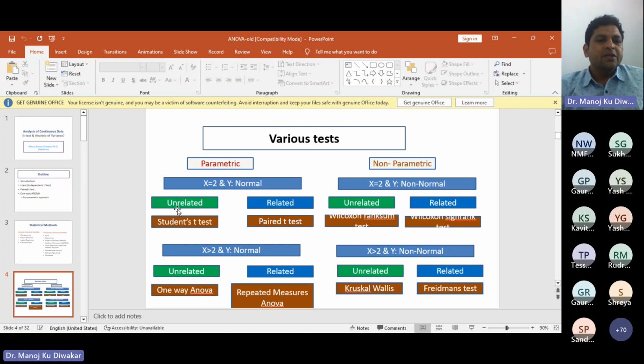If I say my outcome variable is normal, then I will go for the parametric methods. If the samples are unrelated, such as the IQ level of JNU students and the IQ level of Mumbai students, these two are independent, not related, so we say they are unrelated.